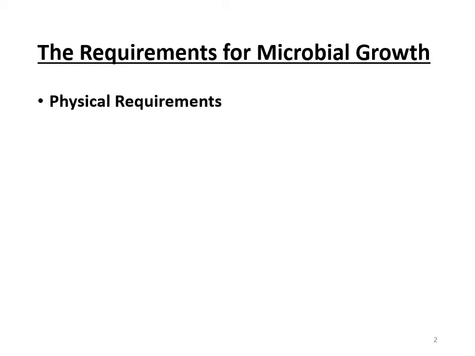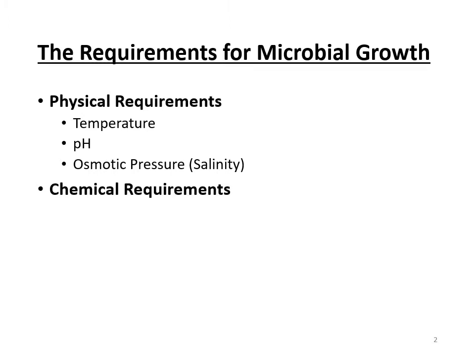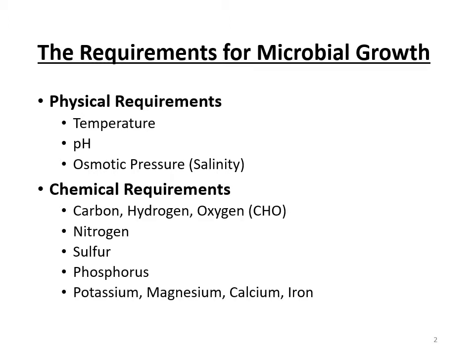There are the physical requirements, things such as temperature, pH, how salty the environment is. And then there are the chemical requirements, and these include things like CHO, as I like to call it, carbon, hydrogen, and oxygen, things like nitrogen, sulfur, phosphorus, and our various minerals as well.